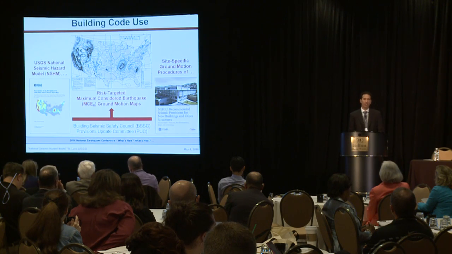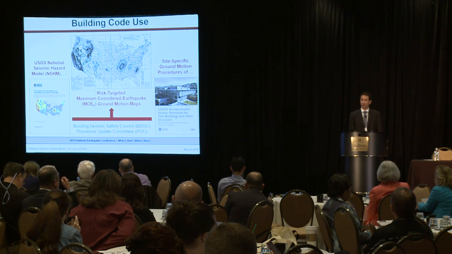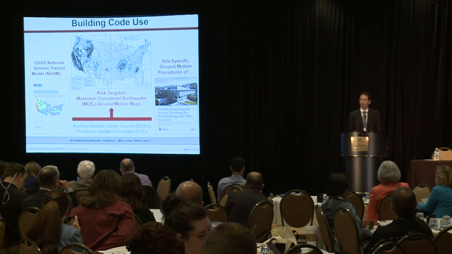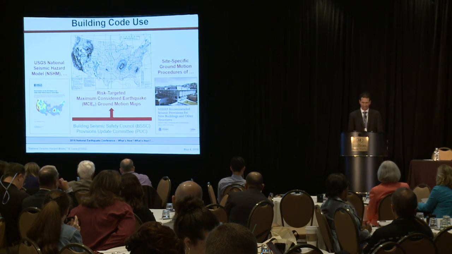That's the scientific basis for the maps that eventually end up in building codes that show earthquake ground shaking amounts. Kind of how you take that national hazard model and make this map that's shown here, which is the map that is now in the process of being adopted into the International Building Code, the 2018 edition, which then would be adopted by places like California after that.